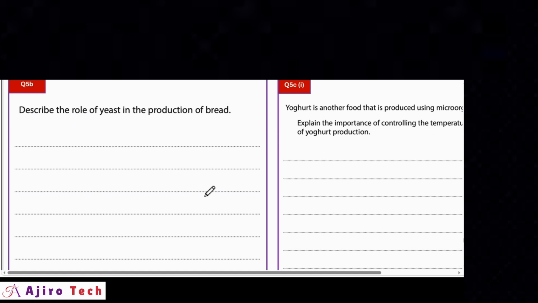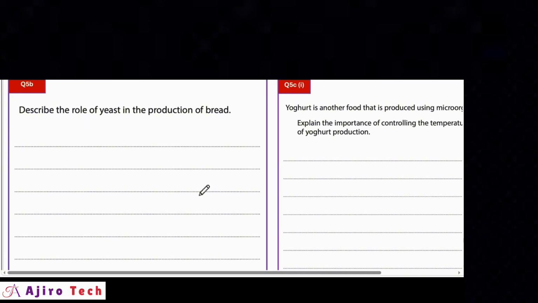The enzymes in yeast convert the starch present in the flour into maltose, and then maltase will be produced to break down the maltose into glucose, and then glucose will be fermented.